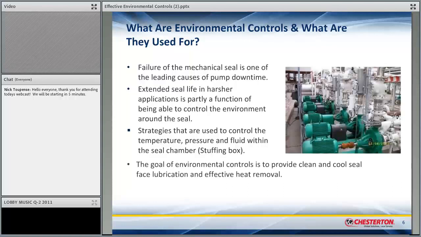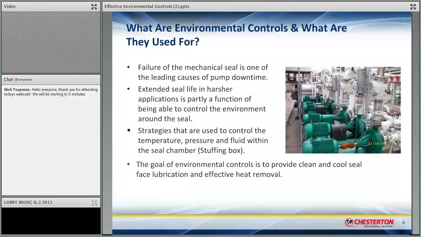The goal of environmental controls is to provide clean and cool seal face lubrication and effective heat removal. Don't want to oversimplify the issue at all, but basically, if you talk to most mechanical seal manufacturers, what they'll tell you is the two things that'll kill a seal are heat and dirt. Dirt and solids that you might find within the fluid that's being pumped itself.